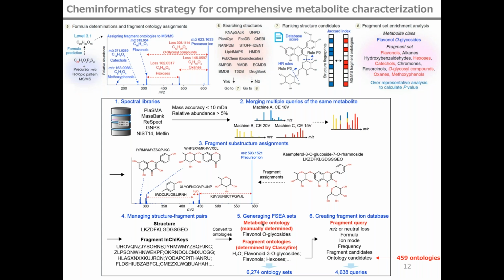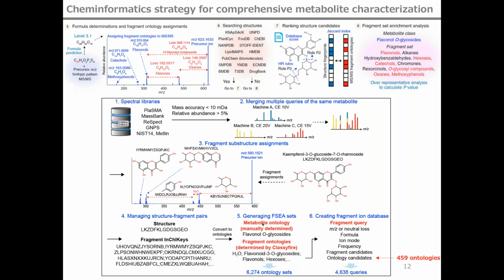The reason why we manually assigned the metabolite ontology was that, for example, the current classifier assigns flavonol glycoside and flavanone glycoside as flavonoid glycosides, although we can distinguish these flavonol and flavanone by the MS/MS spectrum.